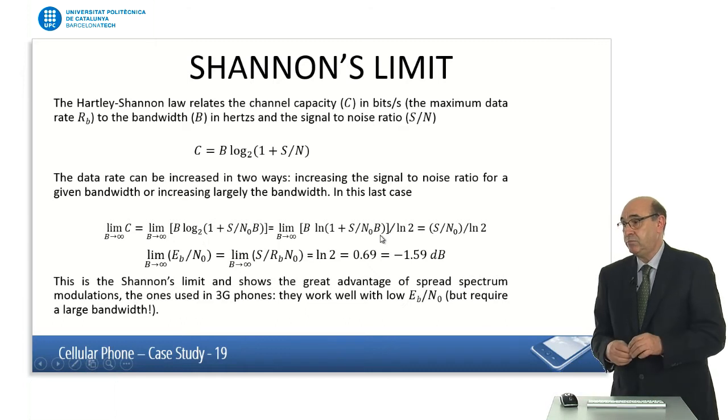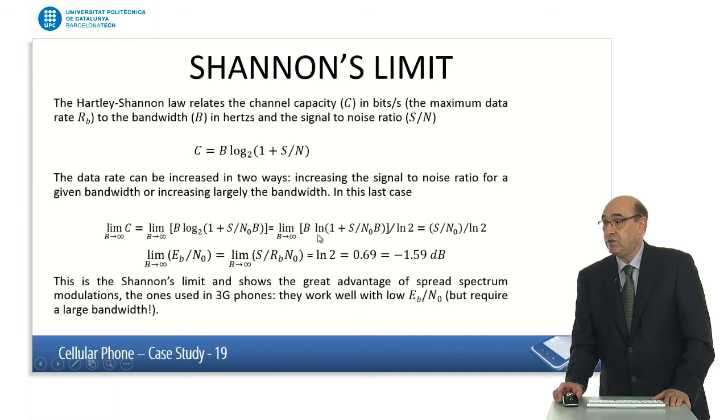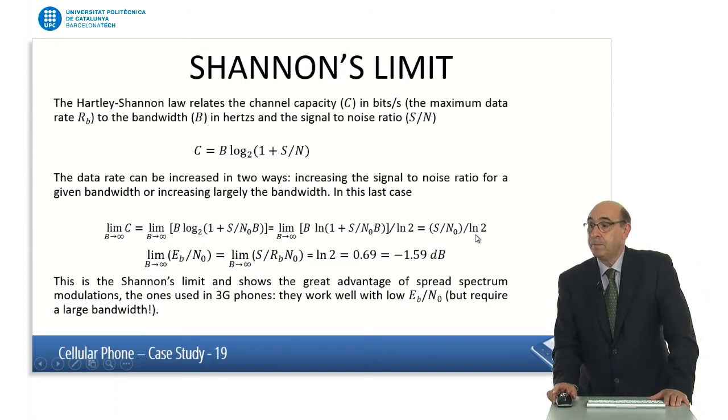And this is simple because if we increase B, that means that this term becomes smaller and smaller, so you can approximate this by this number. So now we have here this product, this times this. So at the end, what we have is the signal divided by the noise power spectral density and divided by Neperian log of 2. That's what you have.